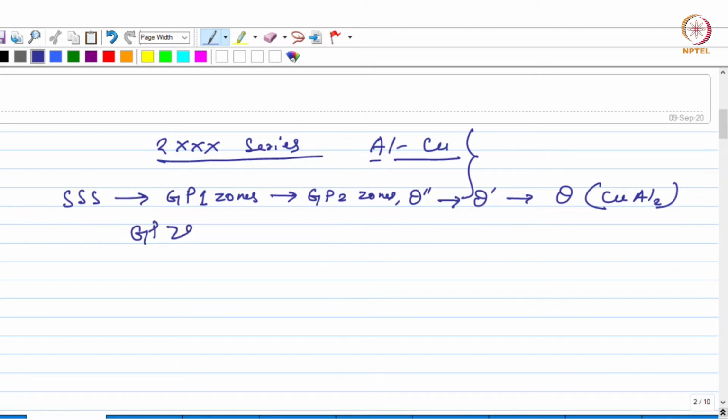GP zones are nothing but the clusters of copper atoms, as we have discussed before. And these form on a particular plane, in this case the 100 planes.